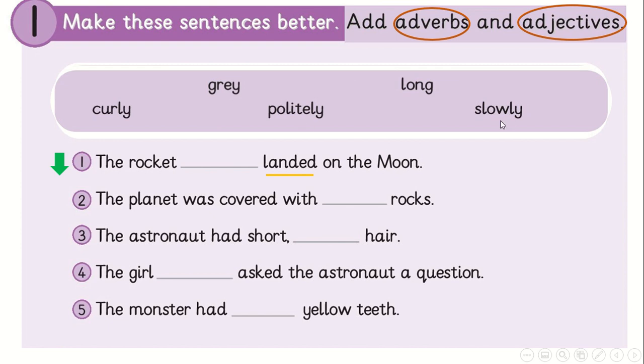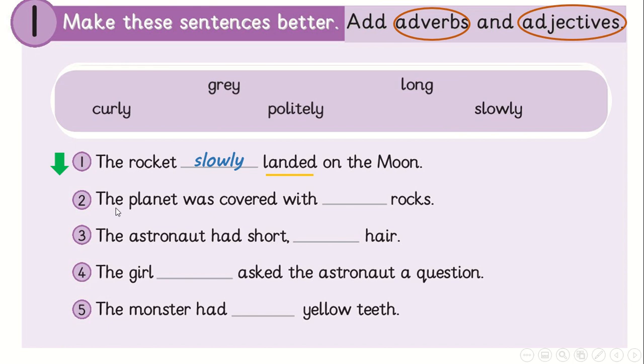We have two adverbs here, politely and slowly. Which one is better? The rocket politely landed on the moon? No, it couldn't be politely. It is slowly. The rocket slowly landed on the moon.